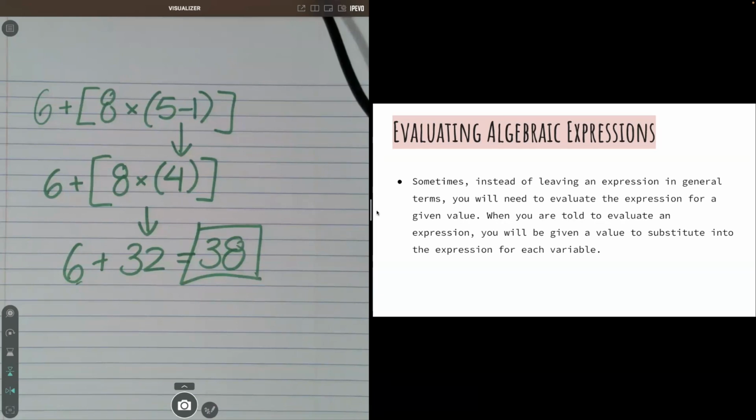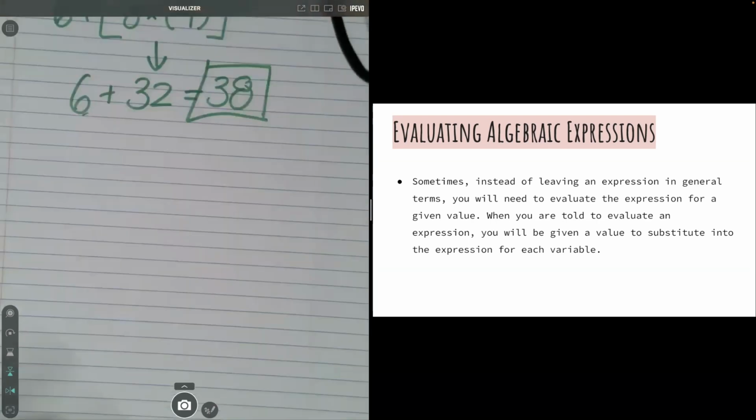For example, if I have the expression b plus 4 representing my age. So my age is going to be described by b plus 4, b being my brother's age at any given time, plus 4 because I'm 4 years older.